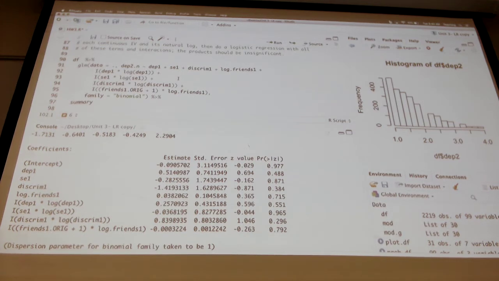And we created a new regression equation, dep2, which was predicted by dep1 plus dep1 times its natural log, plus SE1 plus SE1 times its natural log, plus, what did we have, discrim1, plus discrim1 times its natural log, plus friends1, plus friends1 times its natural log.